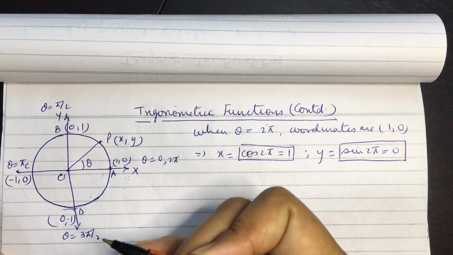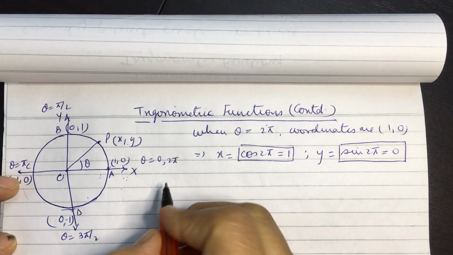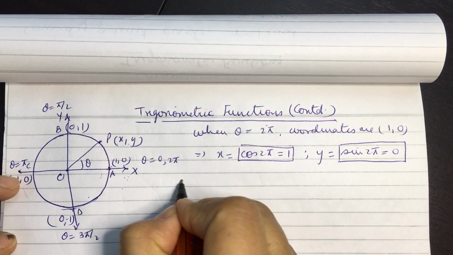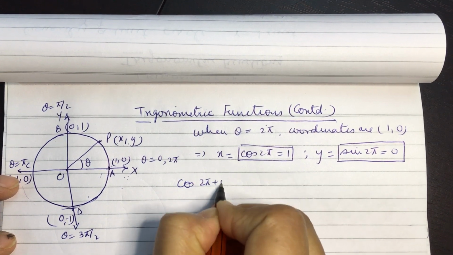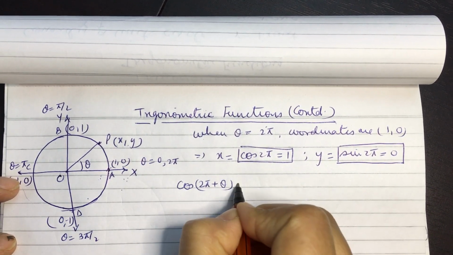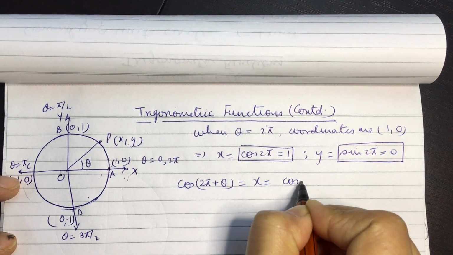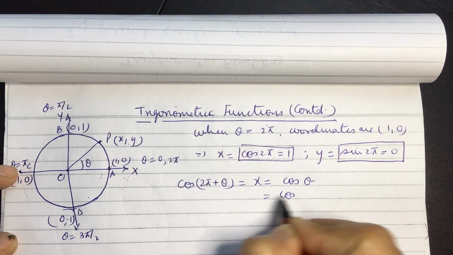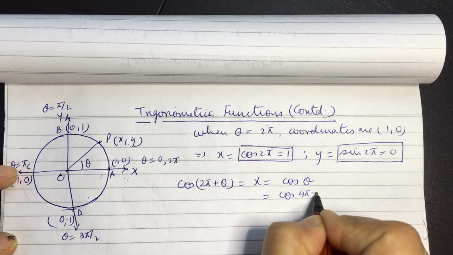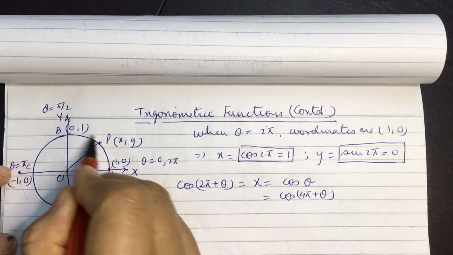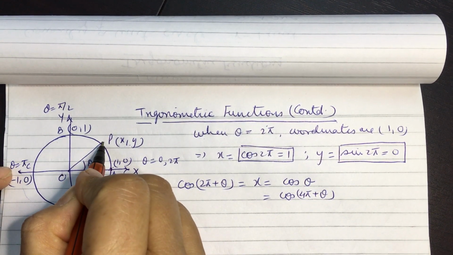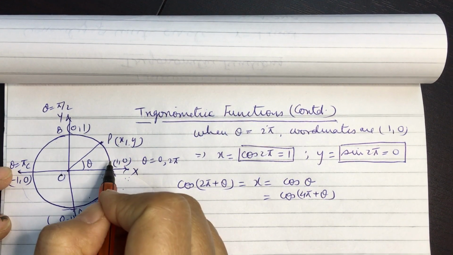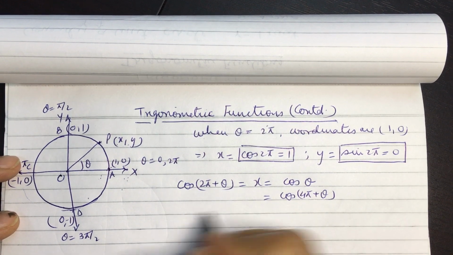So cos of 2 pi plus theta is the same as cos theta, the same as cos of 4 pi plus theta, because after executing more circles we are again back to that point.